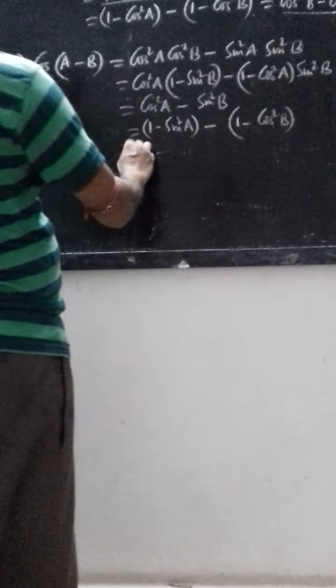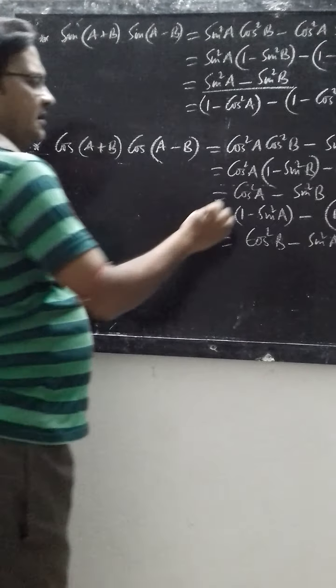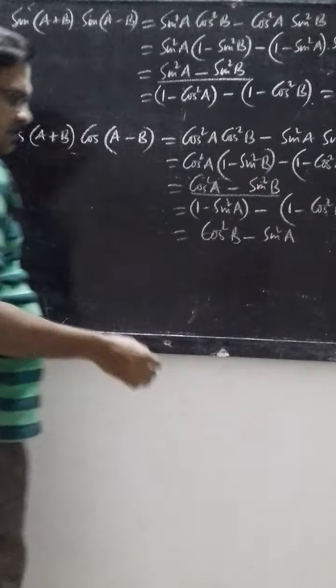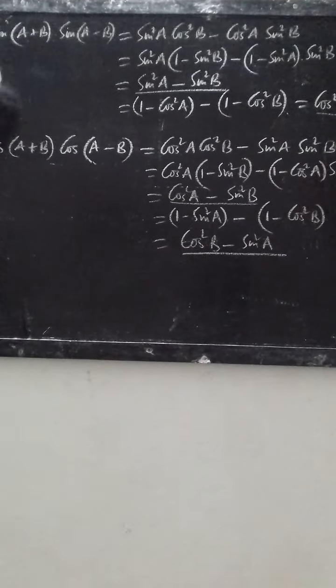So this is equal to cos²B minus sin²A. So we get cos(A+B) into cos(A−B) equal to cos²A minus sin²B, cos²B minus sin²A.